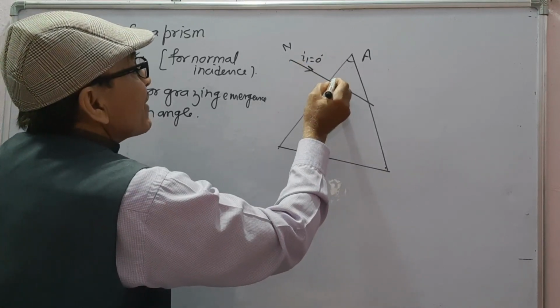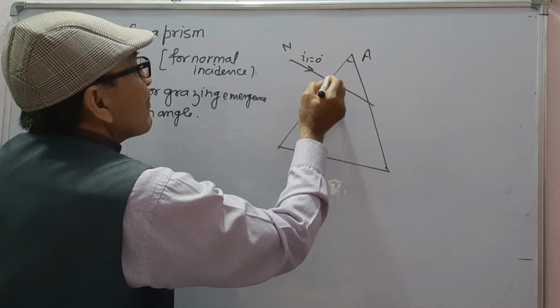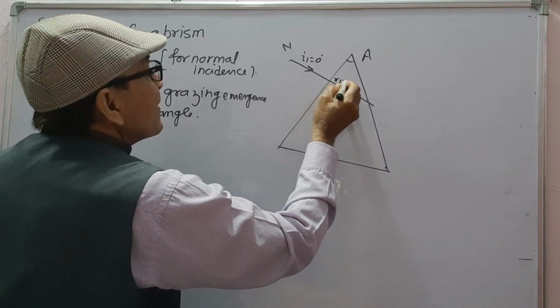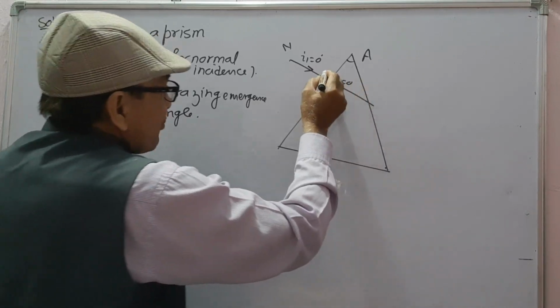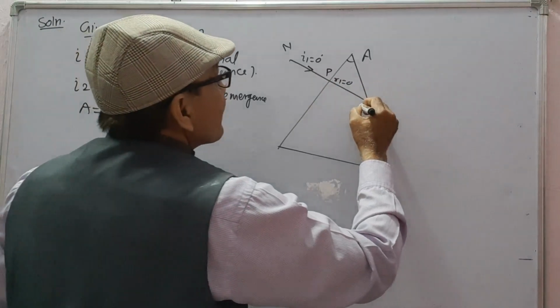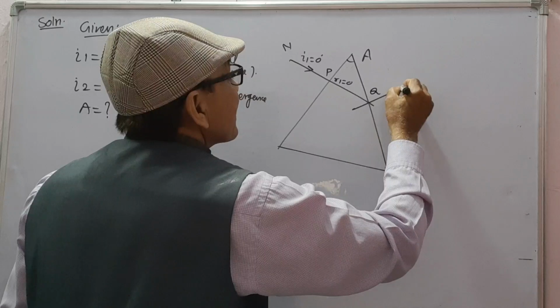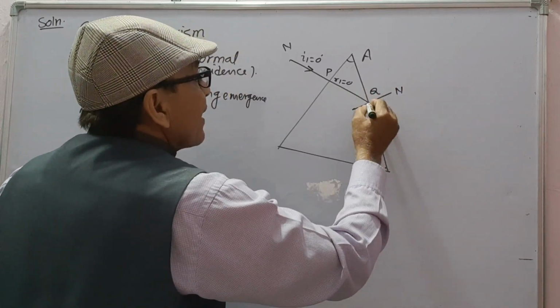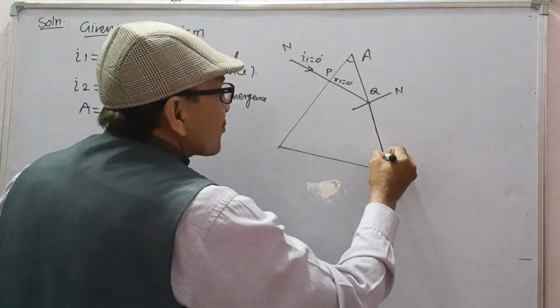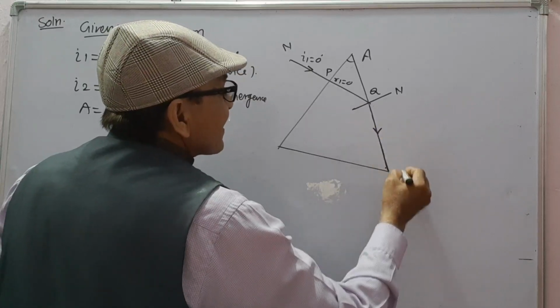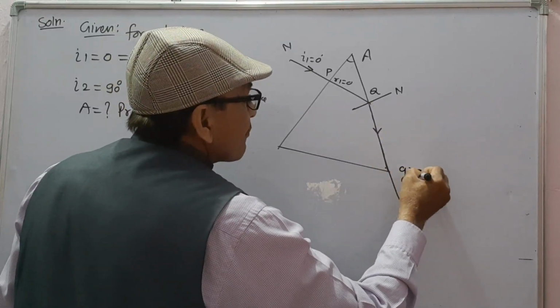Therefore, R1 will be 0 at point P. Now at second face at point Q, this is another normal. Emergence is grazing emergence.